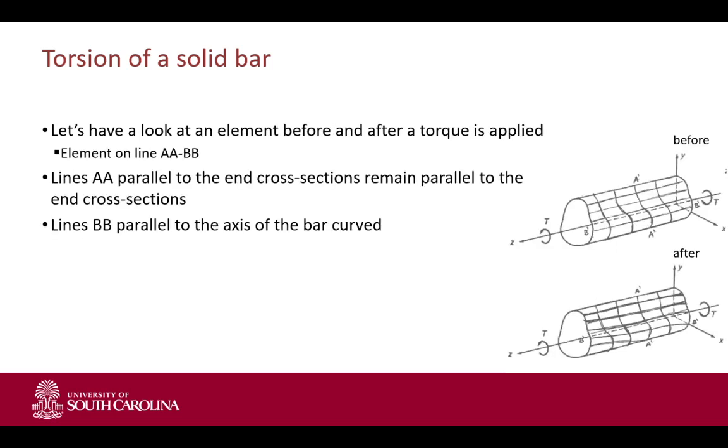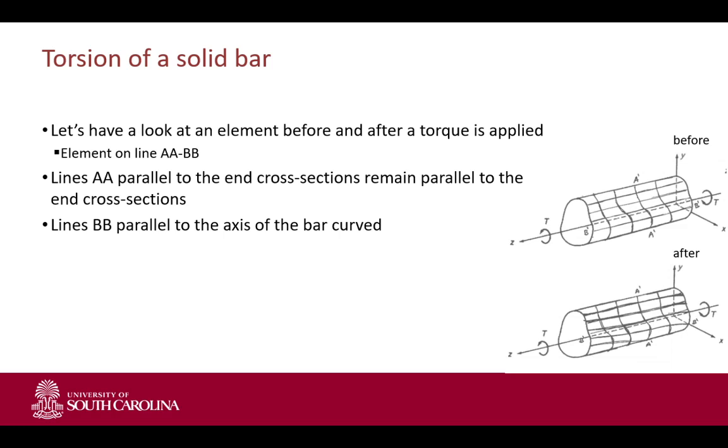So with that in mind, let's draw a grid on it and imagine what would happen to the grid if we place down a torsion. So you can think of it as a tube and you twist on both sides. What we'll see is that a couple of things happen. We're going to look at two segments, line AA and BB. Line AA is going through the XY plane, and BB is going through the thickness, or parallel to the curvature of the bar.